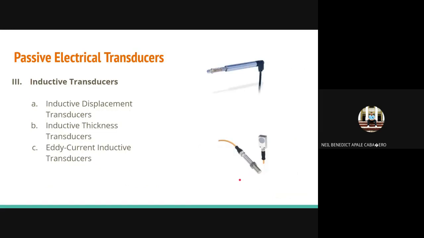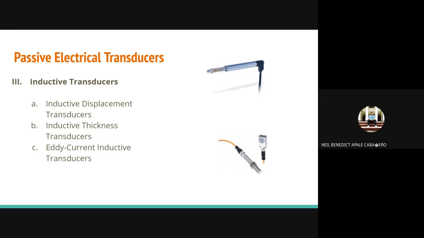Third is the inductive transducers. Inductive transducers work on the principle of inductance change due to any appreciable change in the quantity to be measured. For example, the LVDT, which is a kind of inductive transducer, measures displacement in terms of voltage difference between two secondary voltages.